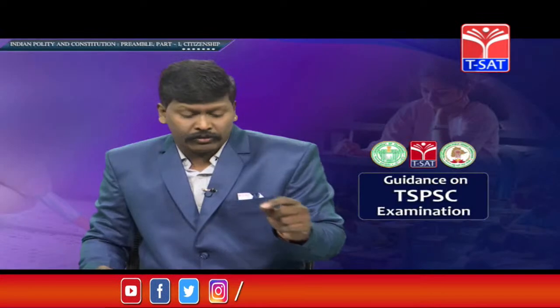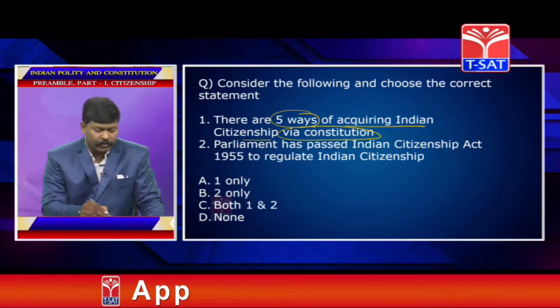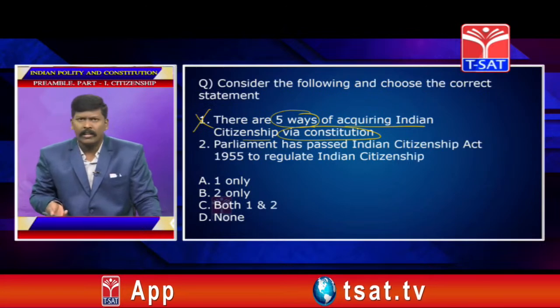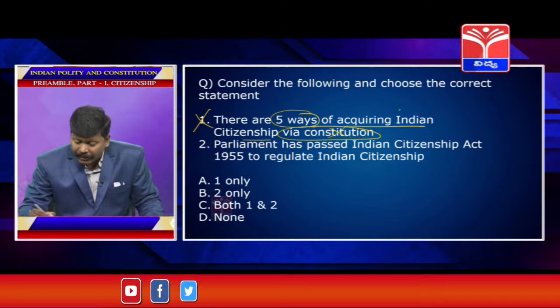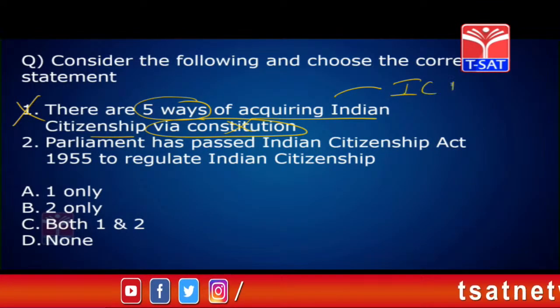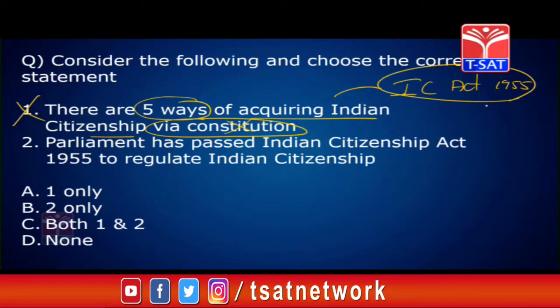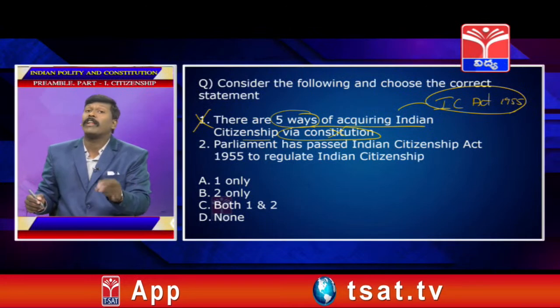Yeah, look at this last question. Consider the following and choose the correct statement. There are 5 ways of acquiring Indian citizenship via constitution. Absolutely wrong. Sir, I have read 5 ways only. Correct? It is 5 ways only, but not according to the Constitution of India. It is according to the Indian Citizenship Act of 1955. According to the Indian Citizenship Act of 1955, there are 5 ways of acquiring Indian citizenship.